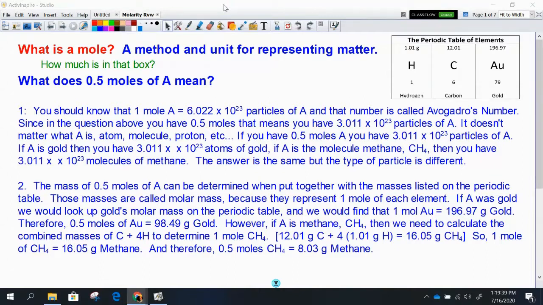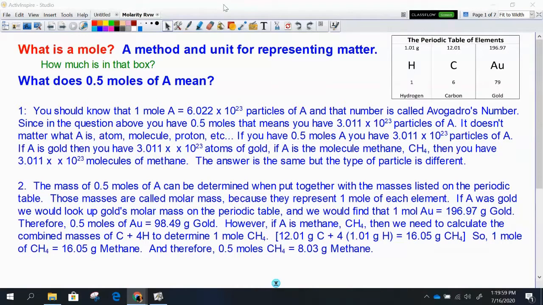However, if you have methane, methane is a molecule, formula is CH4. And since its formula is CH4 and these are molecules, if you have a half a mole of methane, you have 3.011 times 10 to the 23rd methane molecules.